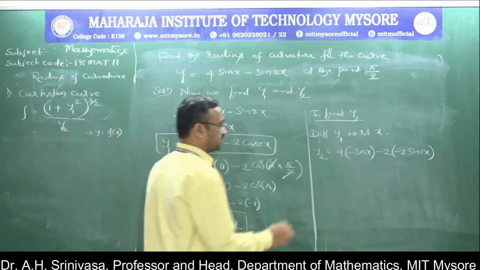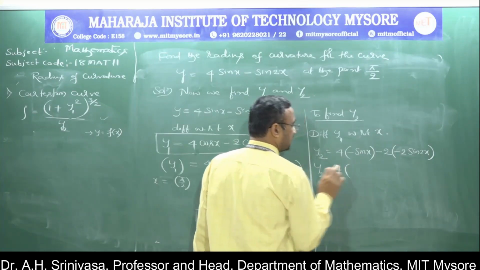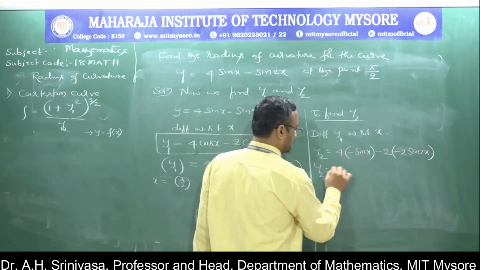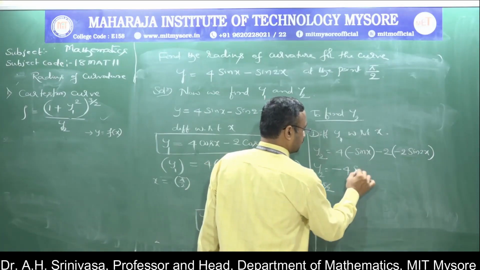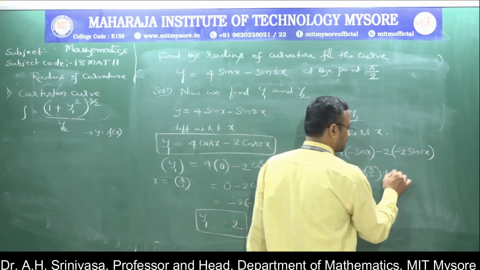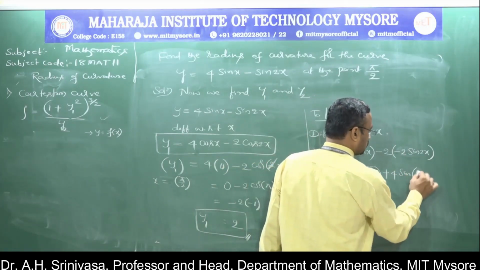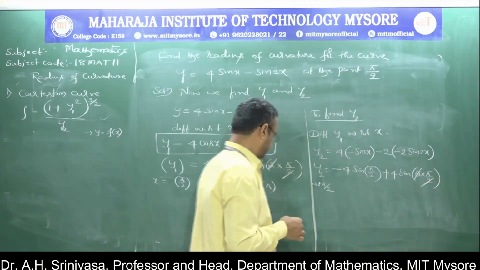Now substitute everything here. y2 equal to minus 4 times, in place of x put pi by 2, sin pi by 2, minus into minus plus 4 times sin 2 into pi by 2. These two are cancelled.